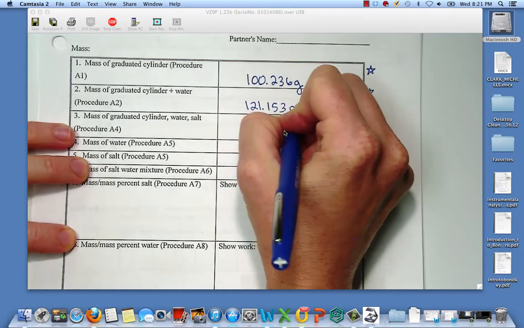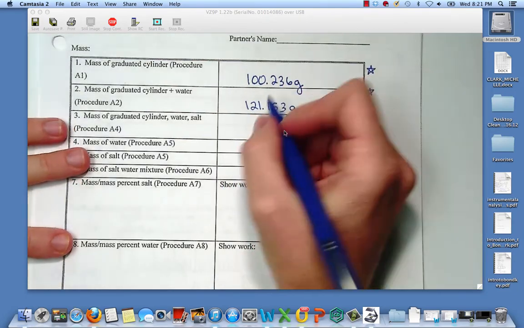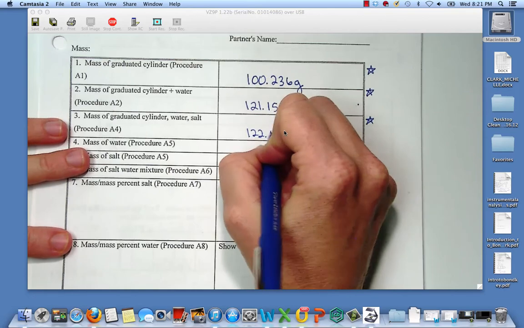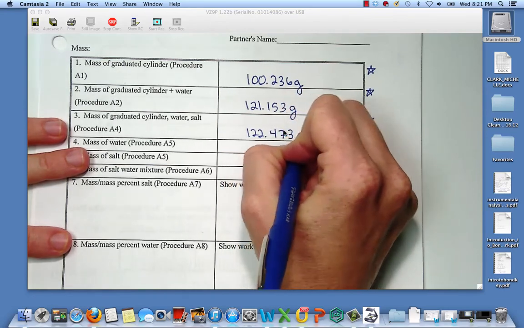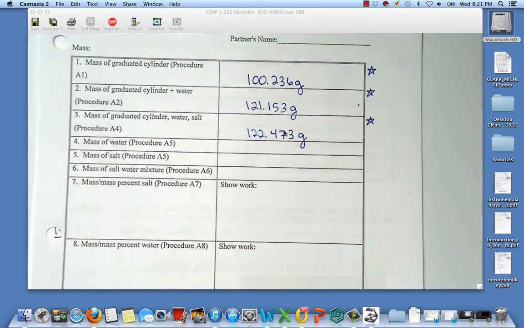And what's the last one? 120. Good. So I had you hold off on all of these calculations because there were significant figures involved. So now you can probably do these a lot easier because you've learned these rules.